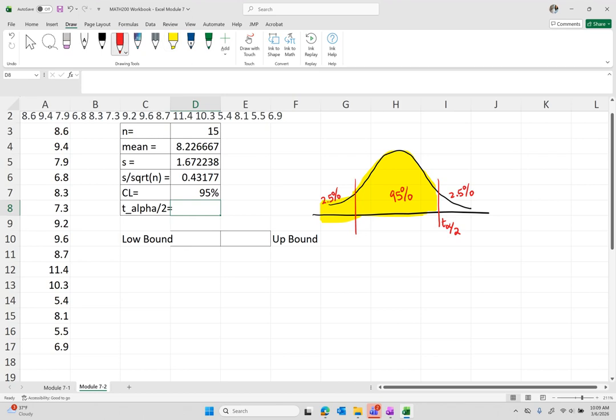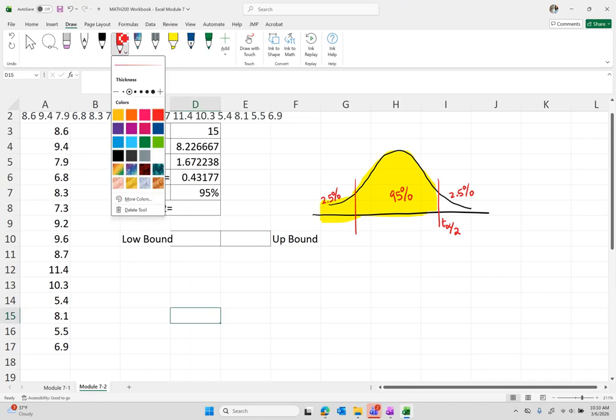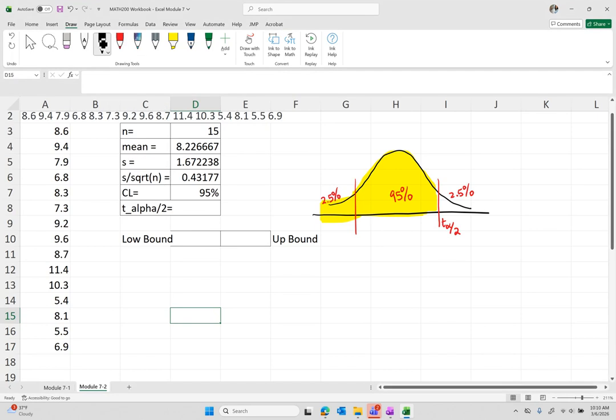So how will I calculate that? I need the answer to be the sum of this 95% and this 2.5%. But I don't want to enter this manually. I want the value to be adjustable if I want to change my confidence level.